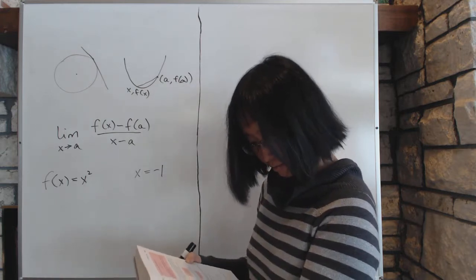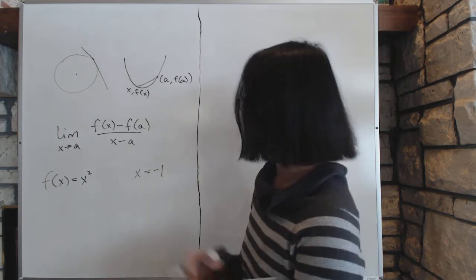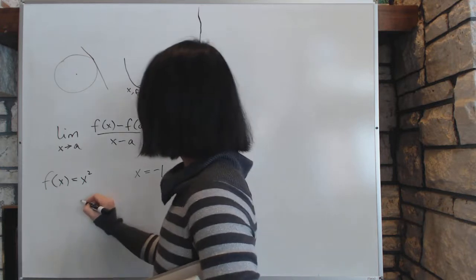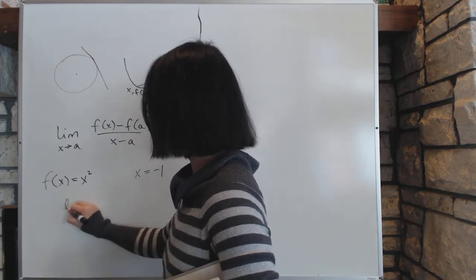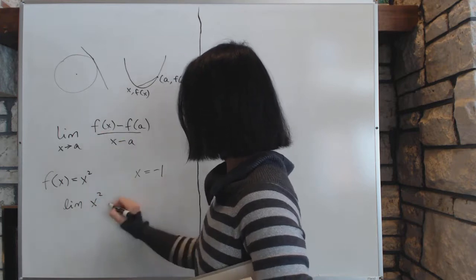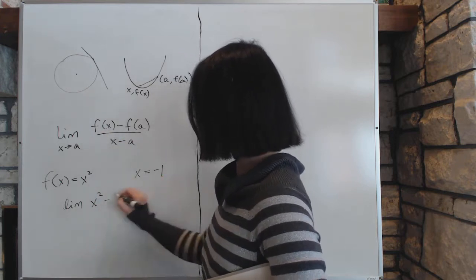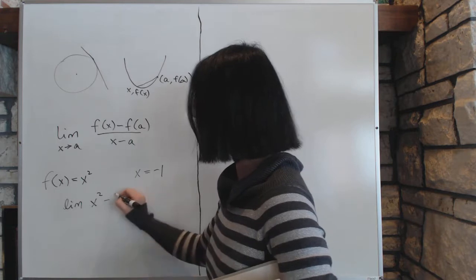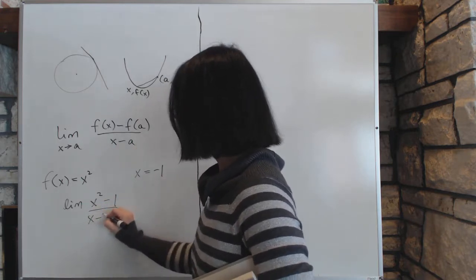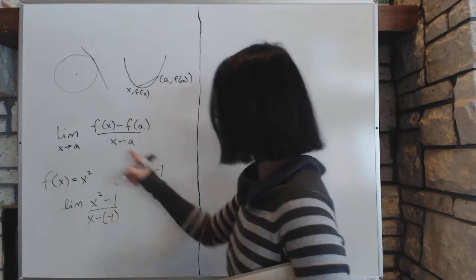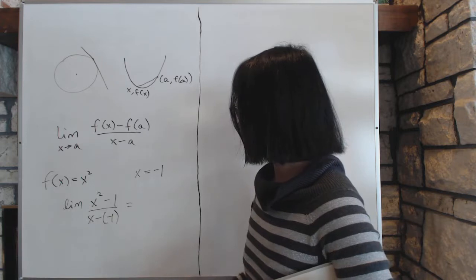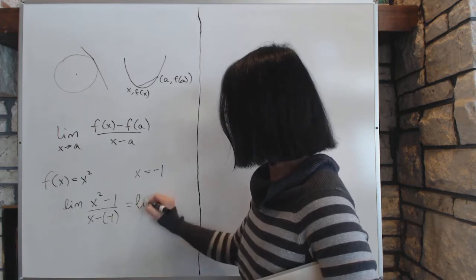Well, you just do it exactly like this, which means we have the limit of x squared, f of x, minus f of a, which is just 1, a is minus 1, so that's just 1, divided by x minus negative 1. That's the definition. And to calculate this limit, you pull the same trick.